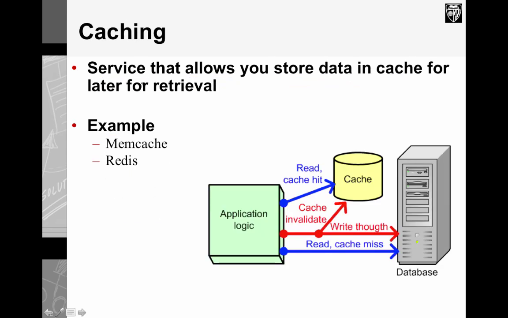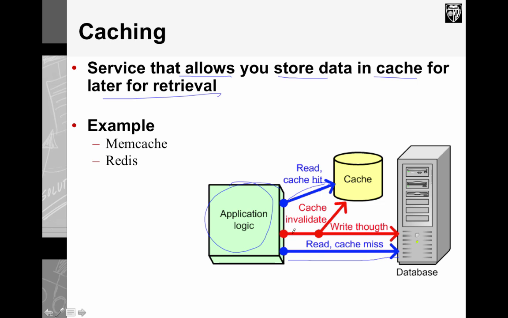Caching. Caching service is a service that allows you to store data in a cache for later retrieval. It is primarily used for performance. For example, your application server or your application logic may want to connect to a database, read the record, and then store the record in a cache so that the next time the user asks for the same data, you would actually retrieve it from the cache and give it back to the client.